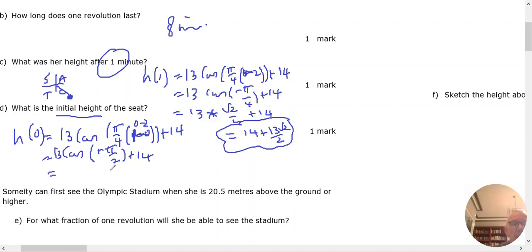And this one here, the cos of minus pi on 2 is down here at 0 and negative 1. Cos is the x value, therefore that's 0 times 13 plus 14. The answer is 14. So we're going to be at 14 meters initially, my apologies.